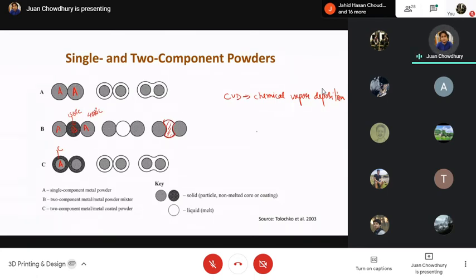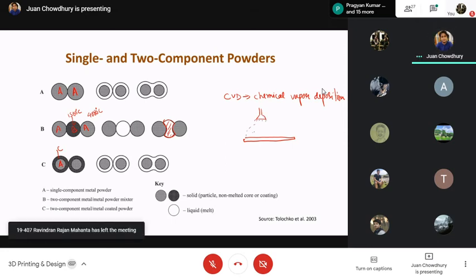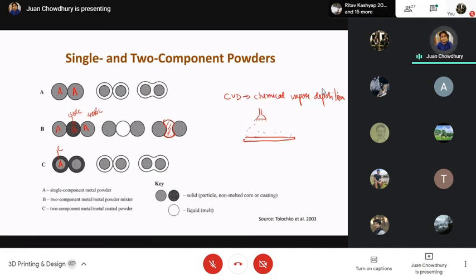So what you have here is that once you get printed, you will introduce certain vapor of material that will be deposited. All right. So wherever the temperature is high, the deposition will be higher in that case.